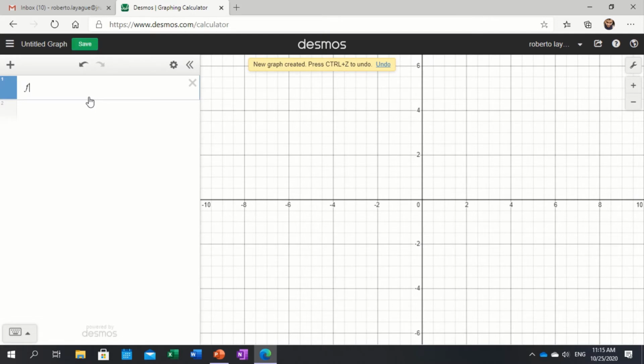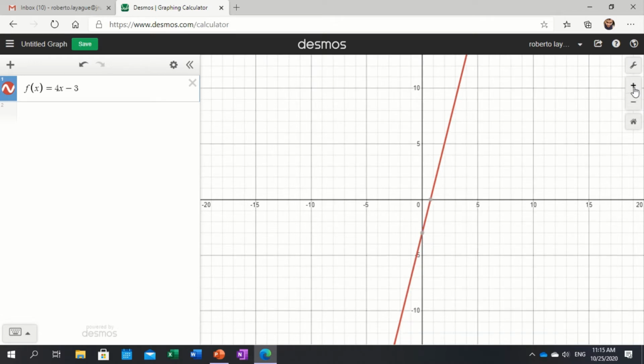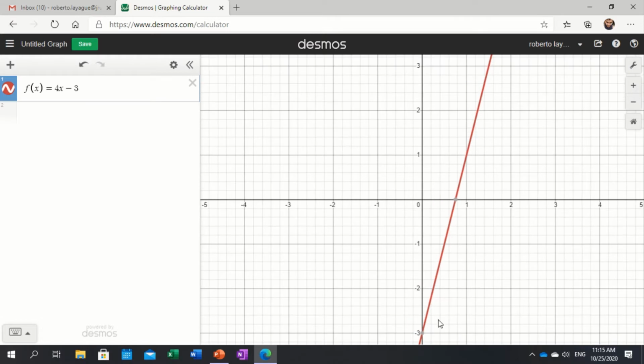Technically you have f of x equals, let's say the slope is 4 and the y-intercept is 3. When you look at it, here I'm zooming in, I'm zooming out. So you can see it's now negative 3 as the y-intercept and the slope is 4. So 1, 2, 3, 4, and then 1 because it's over 1.